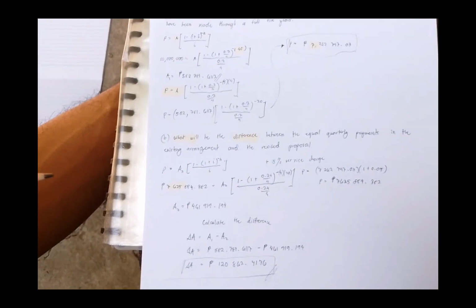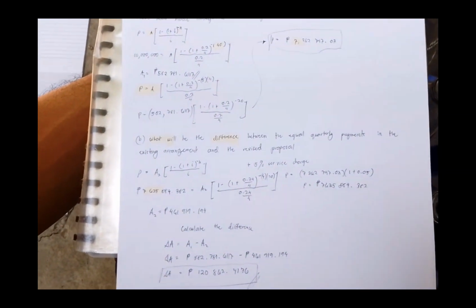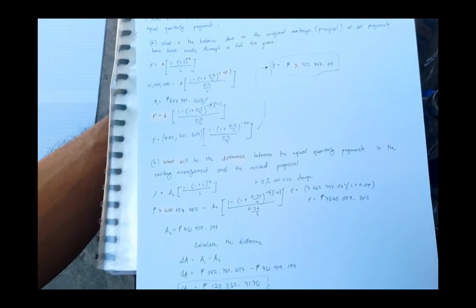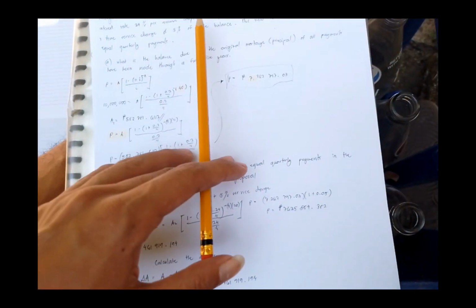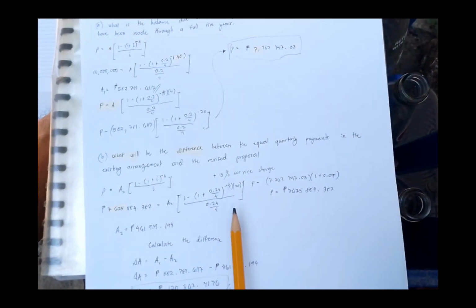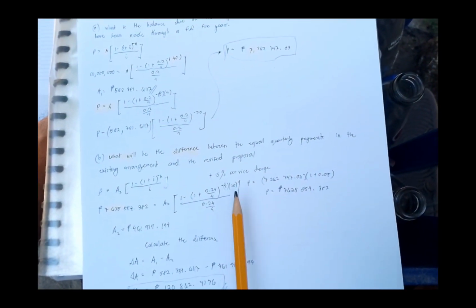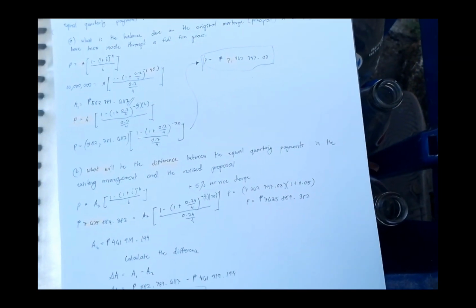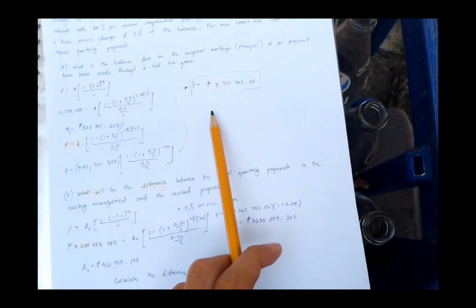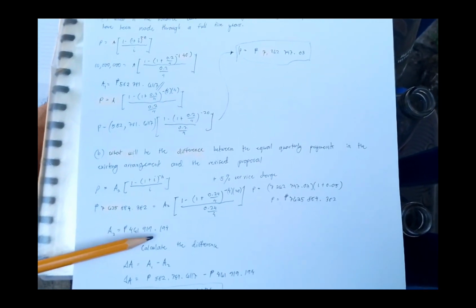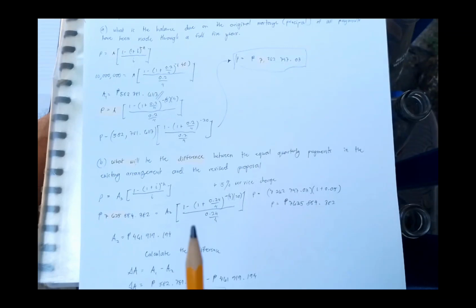Now, the question is whether the revised proposal is better or not. The answer is the revised one, since its term, or its end of the cash flow, is longer. Our cash flow is 80 payments versus 40. Then its annual payment is 461,919.194. So they benefit more here since the end is longer.